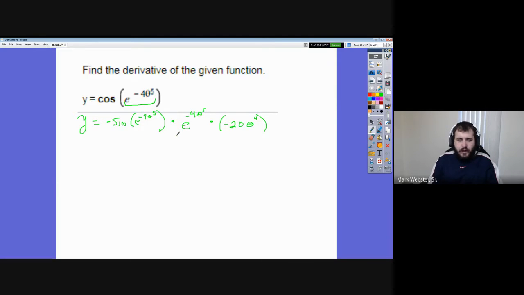So how would I take all this and simplify it, make it look nice? Here's how I would do it. This is just me. All this is multiplied together, so I know that it's simple to just move stuff around. These two negatives are going to cancel out.